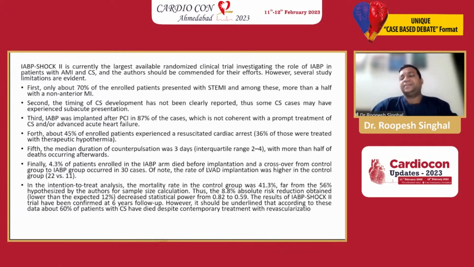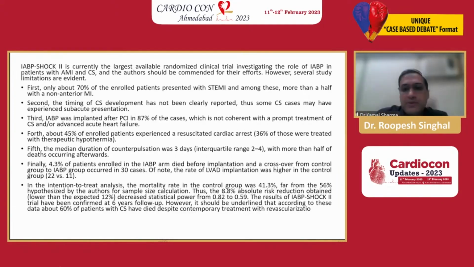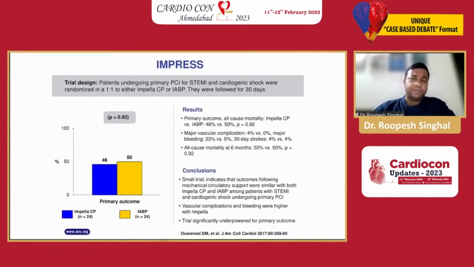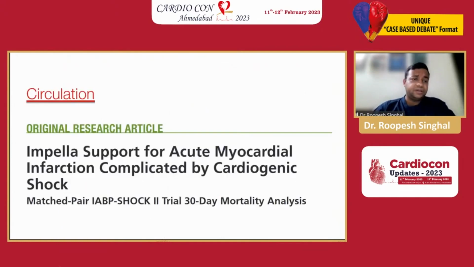Apart from this, statistically speaking, the mortality rate in the control group was only 41.3%, which was less than the assumed mortality rate of 56%. So this brought down the power of the study from 0.8 to 0.6. So though it's an important study and we pay due respect and regard to it, it has its place. Yeah. So again, IMPRESS, IABP versus Impella, no mortality benefit.